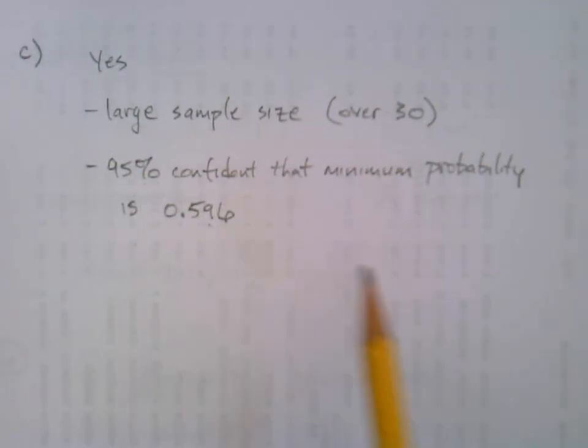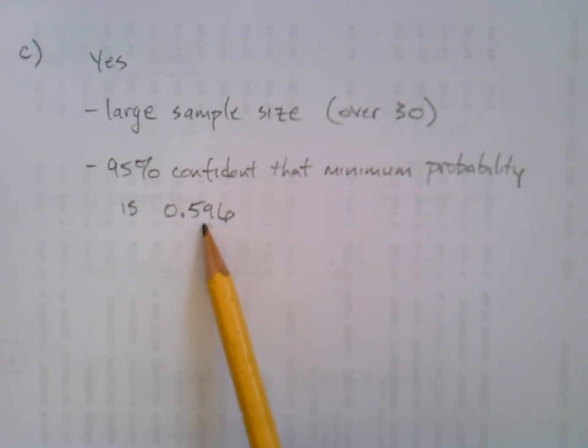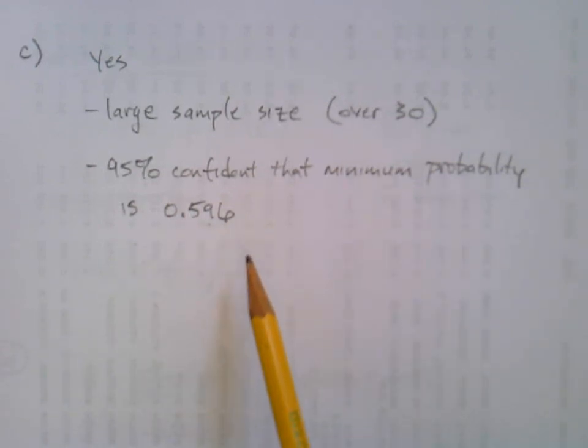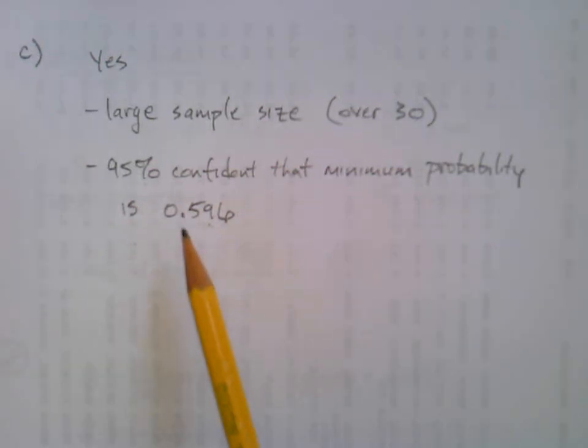But I'm just thinking in this context, we want to look at the minimum. In a different context, we might want to look at the maximum. But here, we're 95% sure that it's at least this many. And I think for those two reasons, we can say, yeah, this seems like a solid product, and they definitely did their diligence in their research.